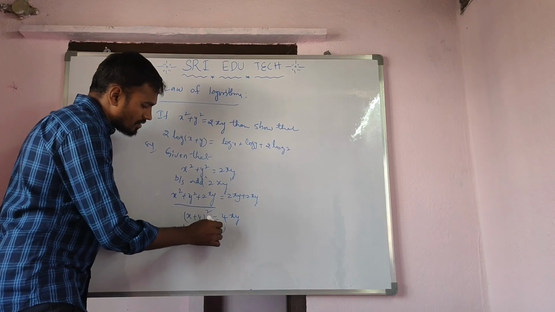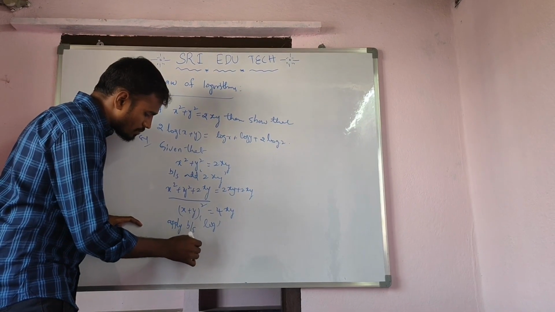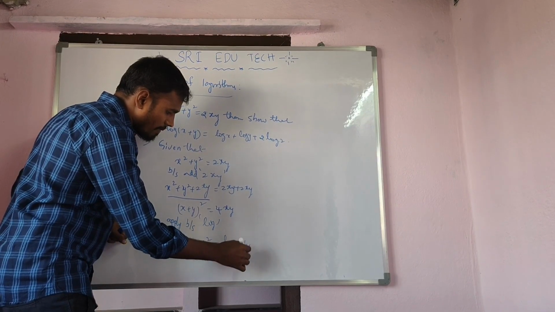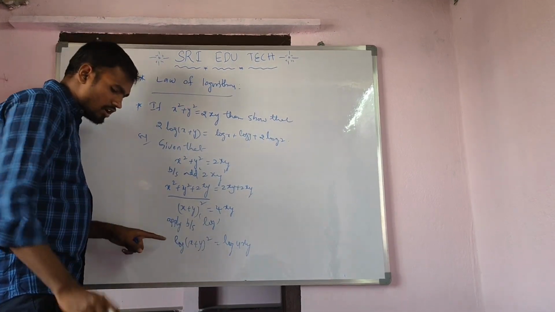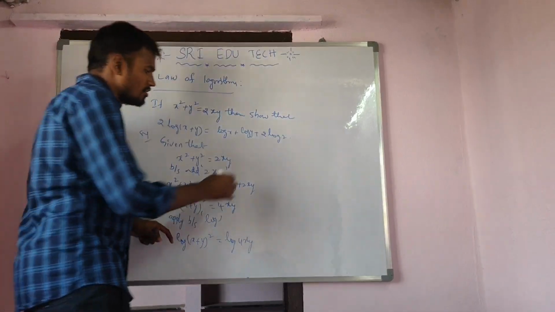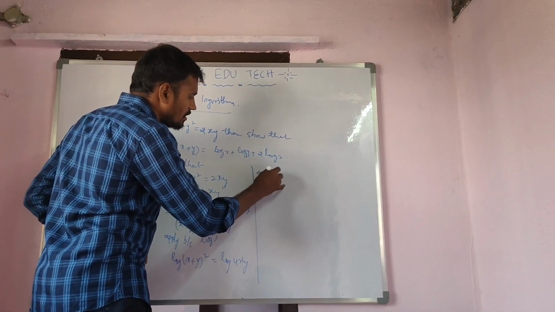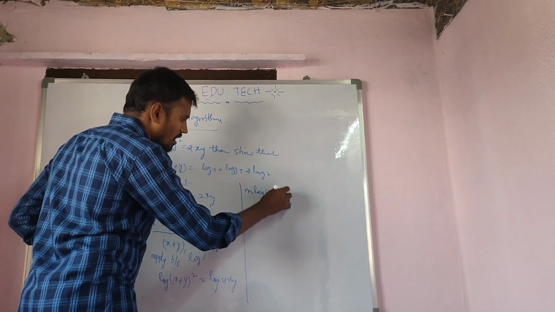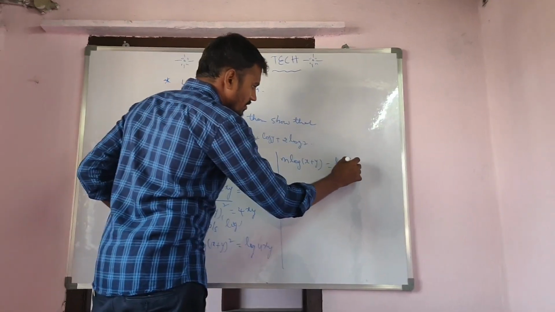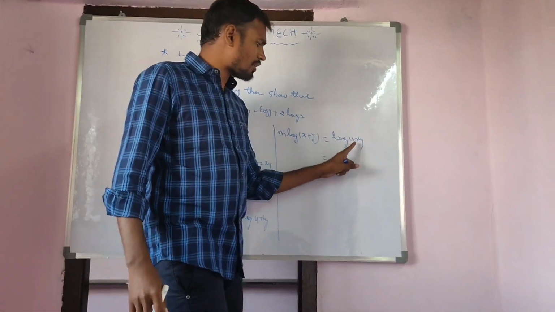Logarithm. So see, log of x plus y whole square is equal to log 4xy. Right? See here you have one formula, log x to the power of m means m log x, no? See here, m log of x plus y is equal to log 4xy.